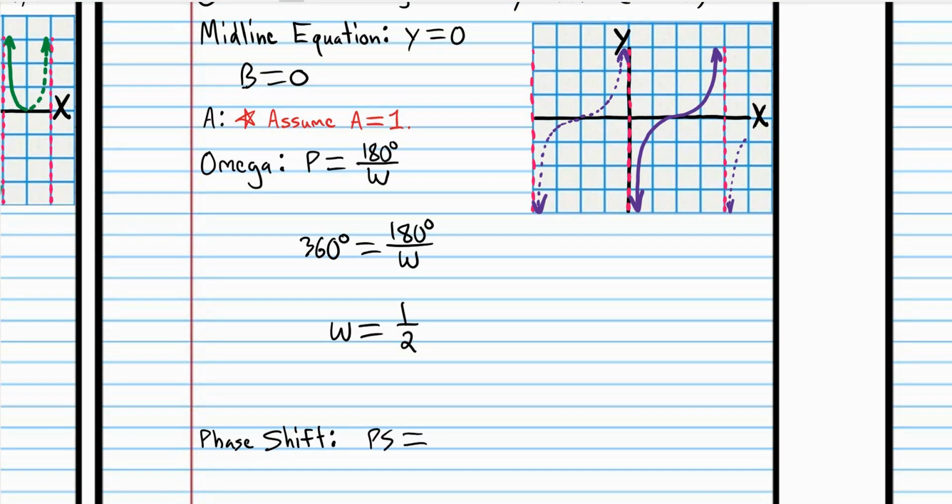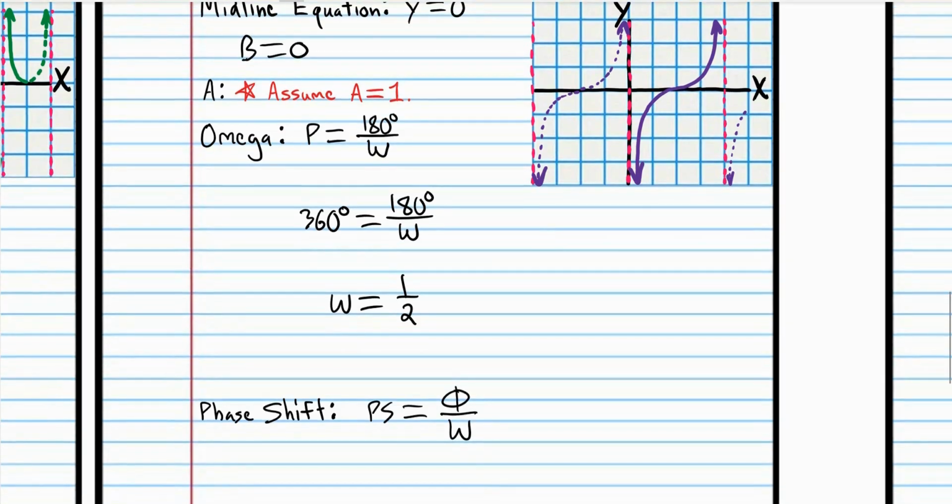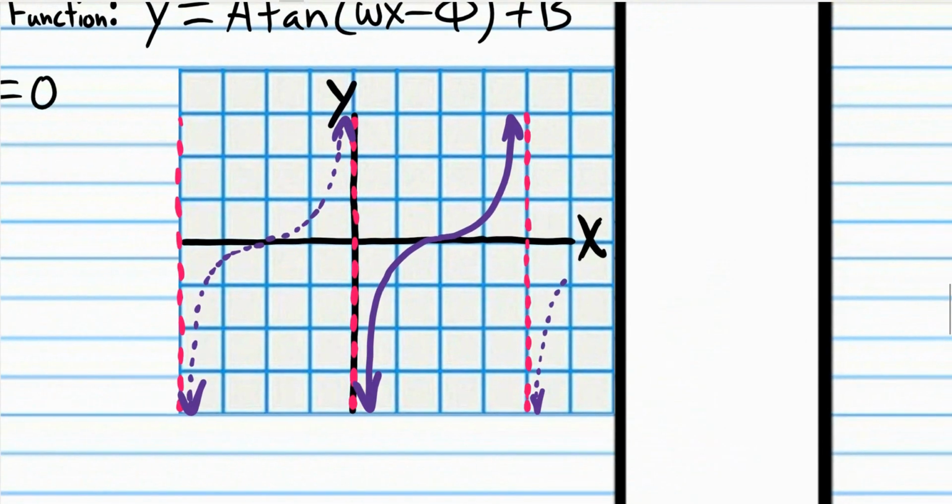So the phase shift is always equal to phi divided by omega. And let's look at the phase shift. Normally tangent would look something like this. It would go through the origin, but now it's not going through the origin. It's shifted 1-2 units to the left. But you can also think of it as being shifted 1-2 units to the right.